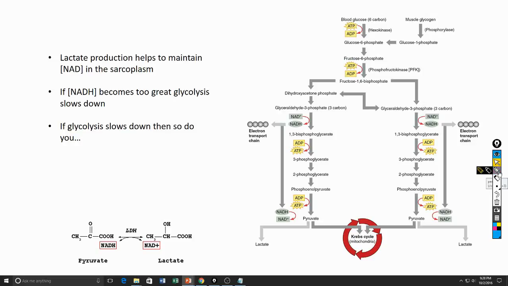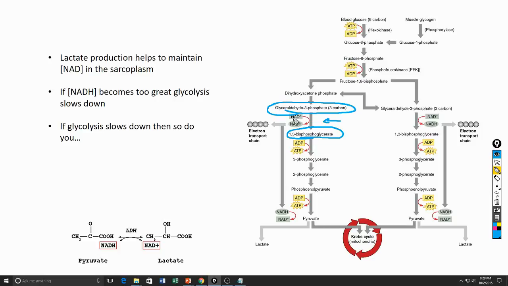If we look at this big equation of glycolysis, once we get down to these steps right here, in order for us to take this molecule right here and turn it into this one, we have to put a hydrogen on this NAD.